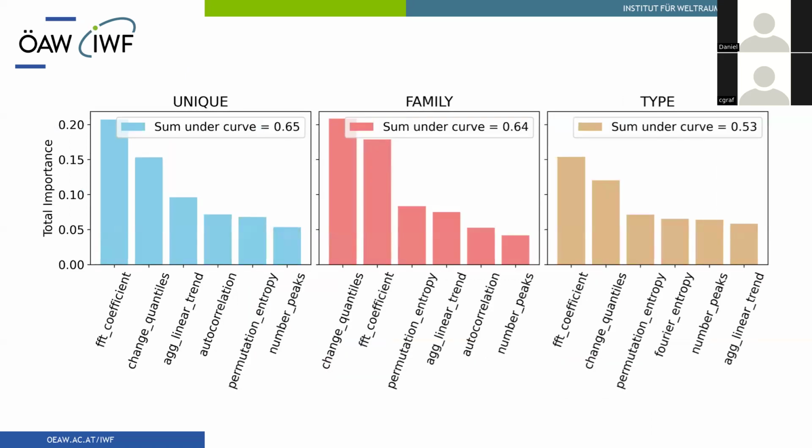I was interested in which features are especially important for the classification. So this is the importance for the random forest classifier. Just to give you a quick idea, we worked on 3 tasks, and the family task is what we discussed in the confusion matrix before.